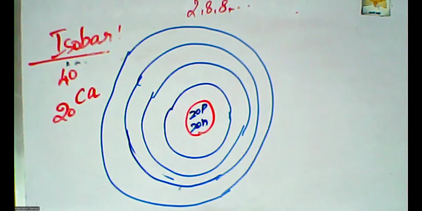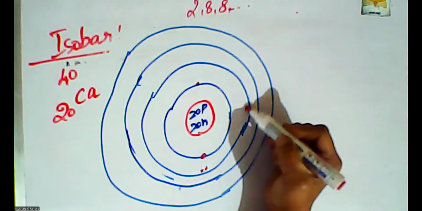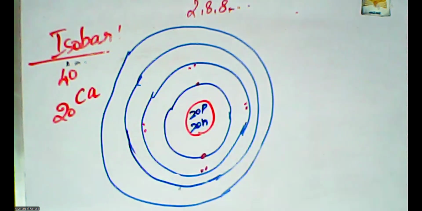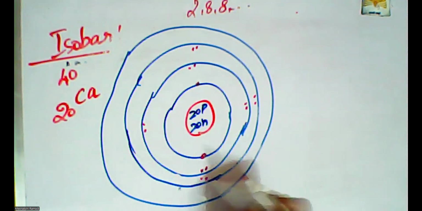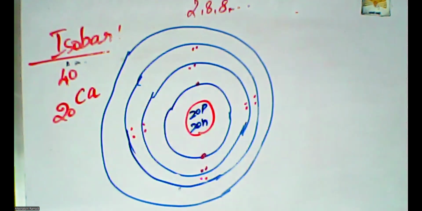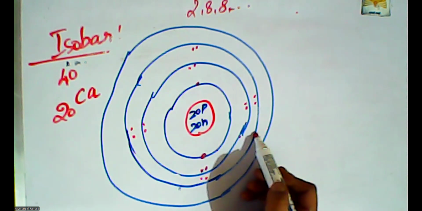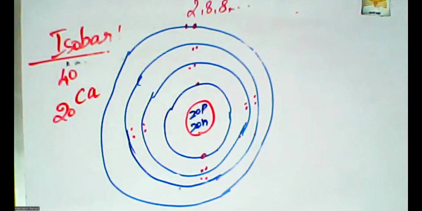Okay, so the first orbit contains 2 electrons, the second orbit contains 8 electrons, so 2 plus 8 is 10, and then the third orbit has 8 electrons. 10 plus 8 is 18, and the remaining 2 electrons are in the last shell.